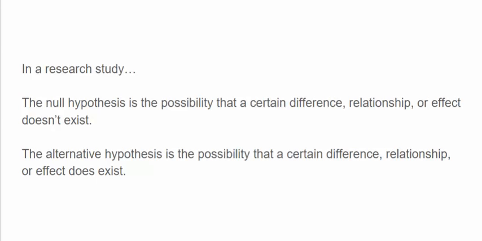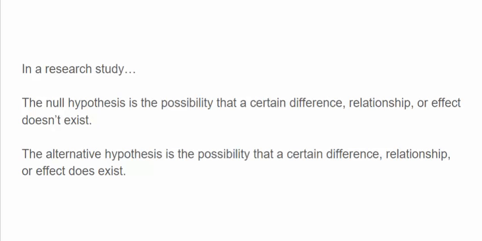And let me give just a few examples to help you get this point across. So imagine for a moment that someone, maybe a psychologist, wants to know if there's a difference in self-esteem between people who don't use social media and people who do use social media.